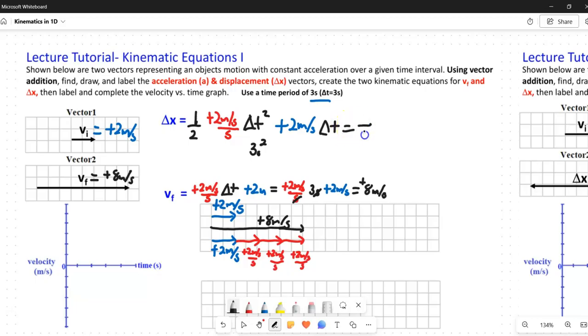That first part is just positive 9 meters. That's how much acceleration is adding to the initial point of when you are already moving. So this is going to be 3 times 2, which is positive 6. So this object will be displaced to the right a total of positive 15 meters.